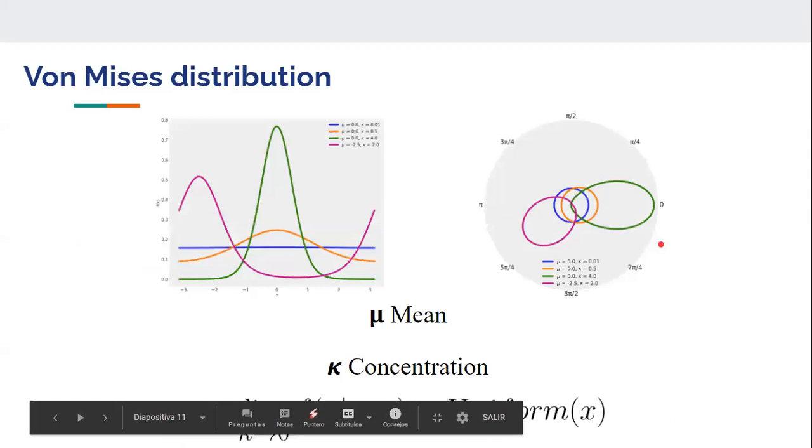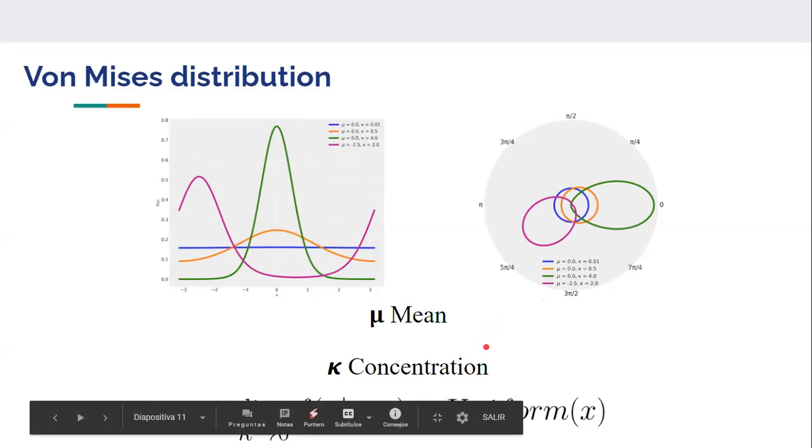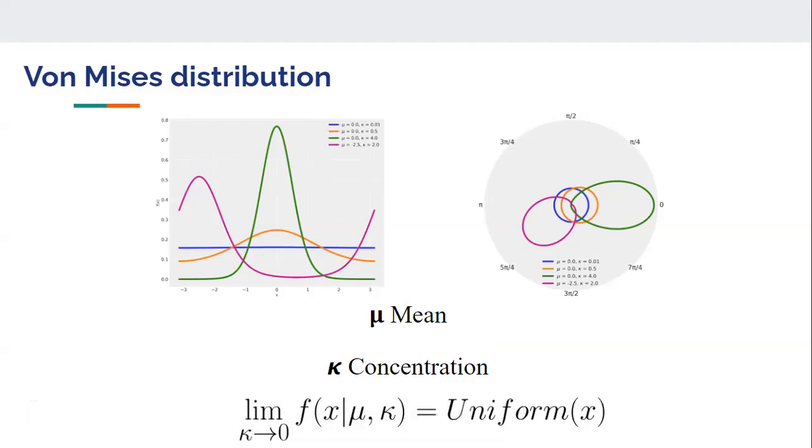Now is a good time to introduce the von Mises distribution. You can think of the von Mises distribution as a normal distribution wrapped around a circle. It has two parameters, mean and concentration. And when the concentration approaches zero, we get a uniform distribution.